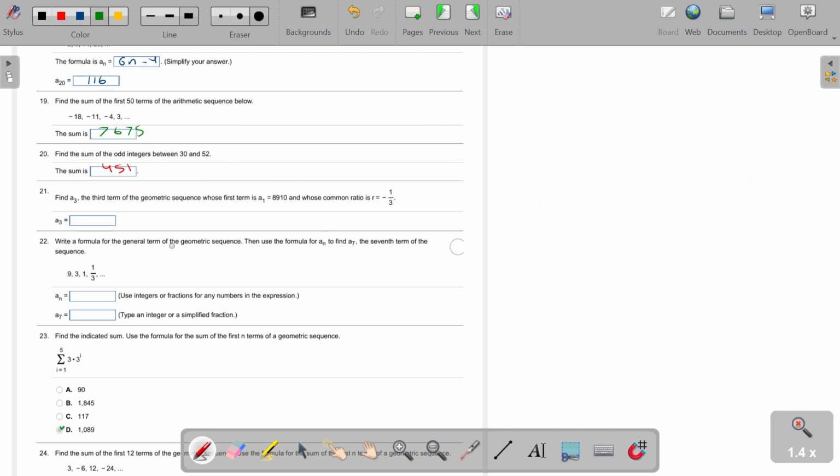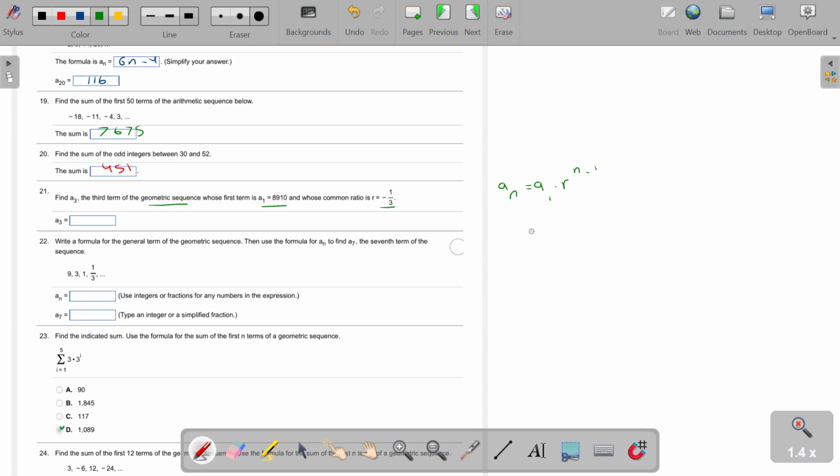Question 21, we want to find a3, the third term of the geometric sequence, whose first term is this number, and the common ratio is also given as negative 1/3. So we're going to use the general term of a geometric sequence, which is an equal to a1 times r to the power of n minus 1.